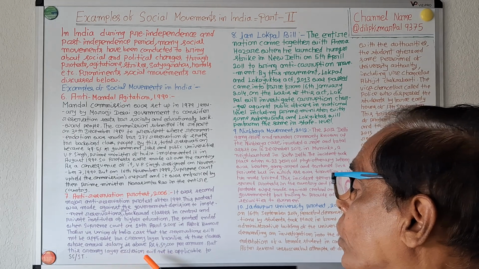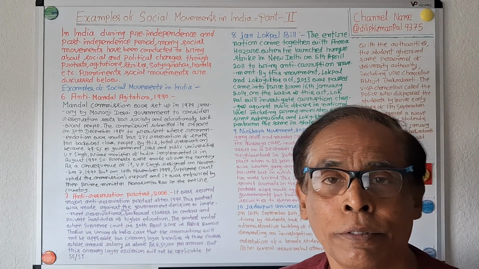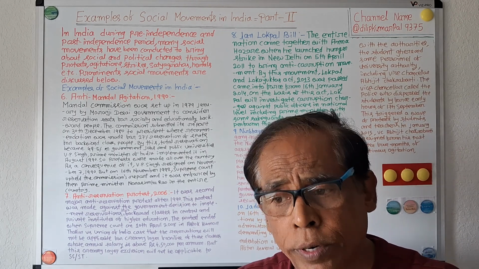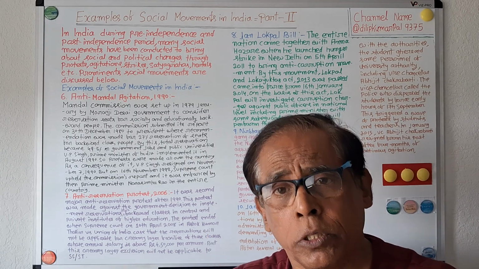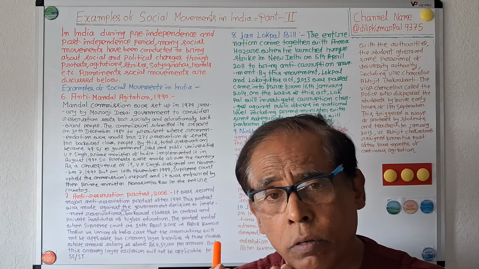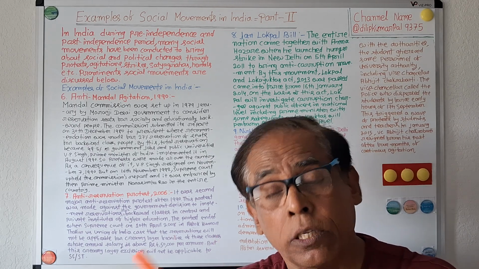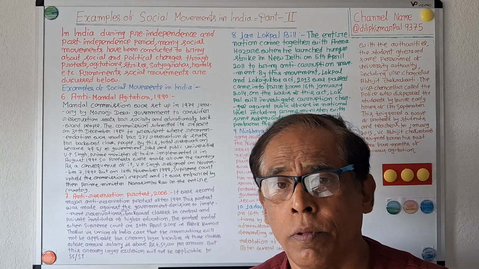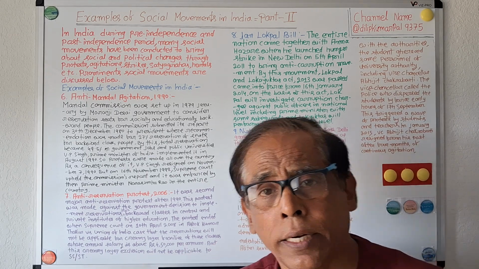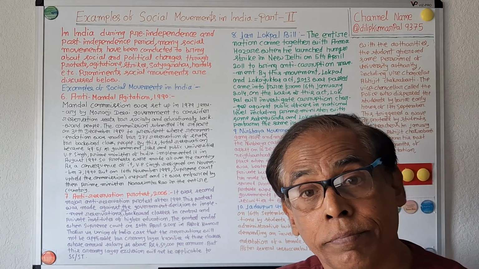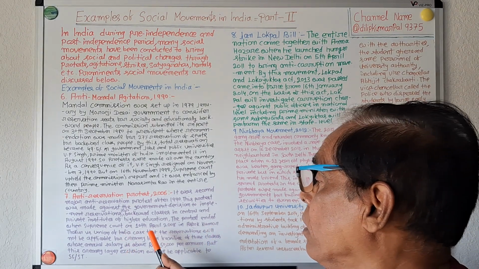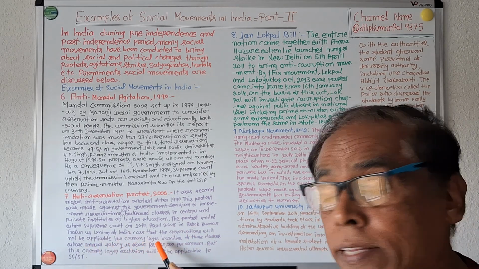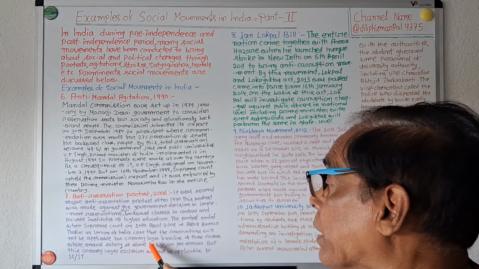But this creamy layer exclusion will not be applicable to SC/ST. So the second anti-reservation movement was held in 2006 when the central government decided to extend 27% reservation in central and private institutes of higher education, and the protest started again, but it ended with the Supreme Court ruling that reservation will not be applicable for creamy layer families.